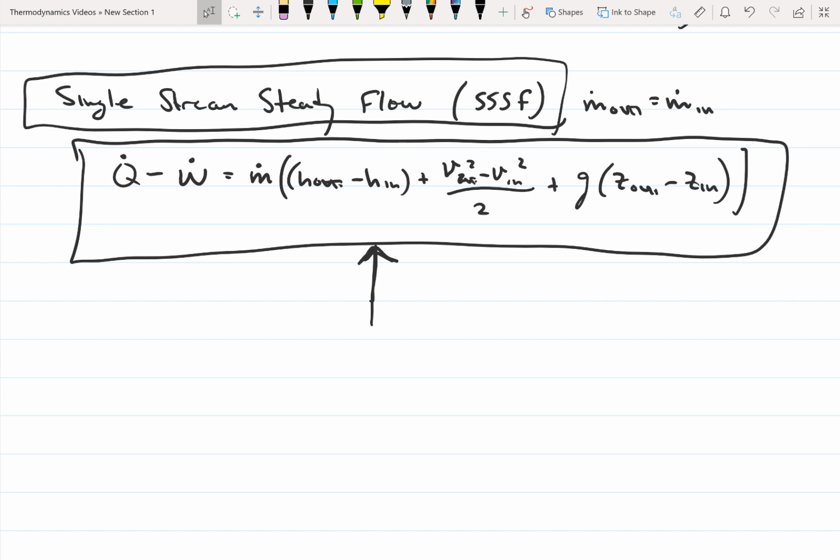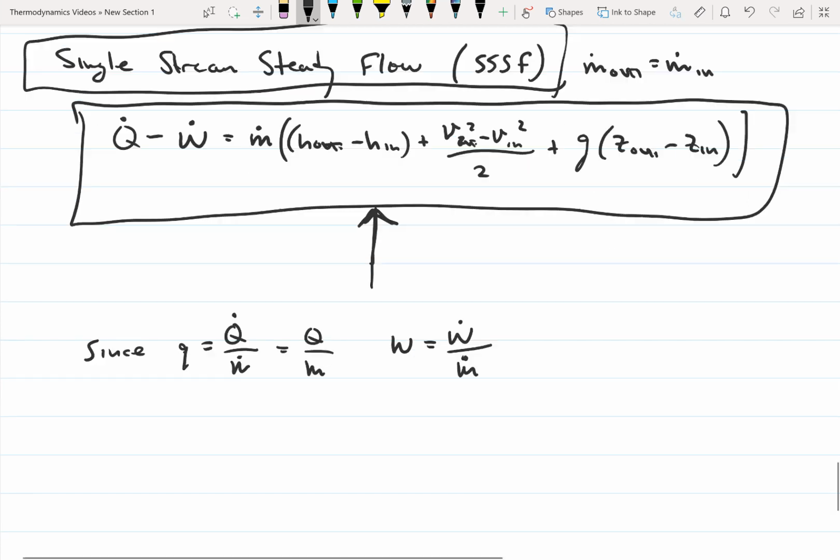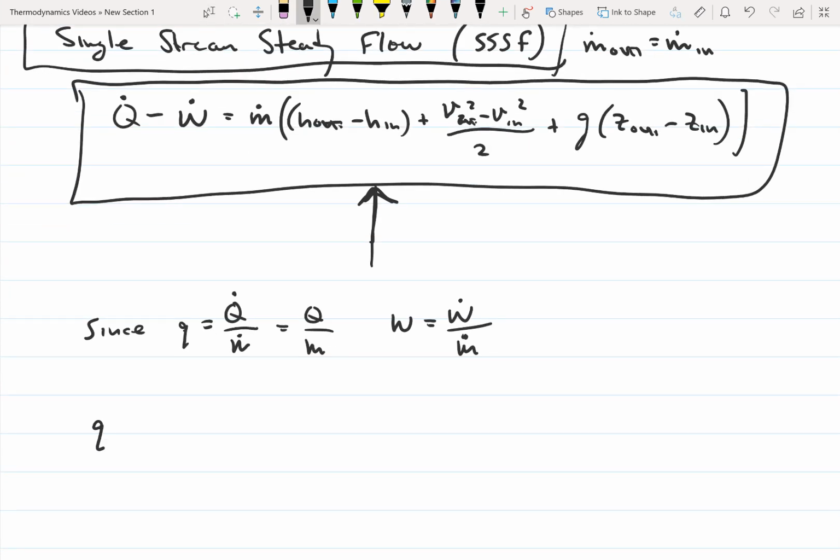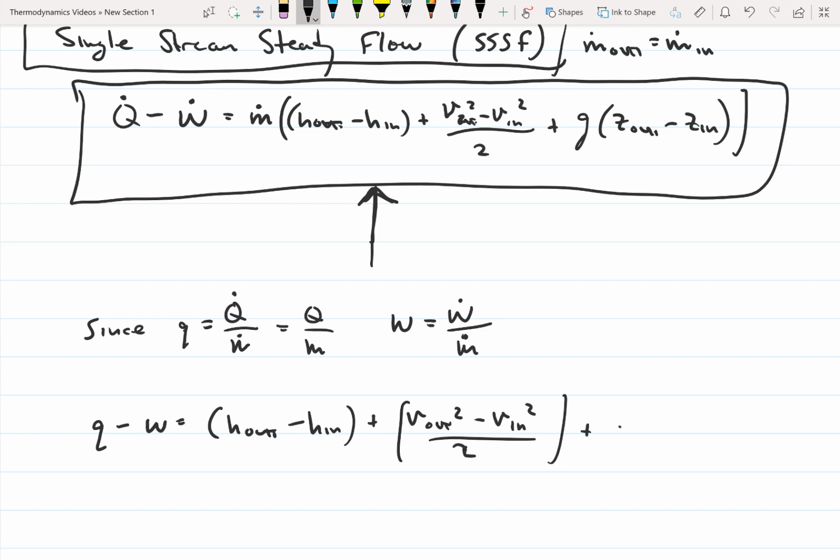Also, since we know that q is equal to Q dot over m dot, so this is Q over m, and the work is equal to the work over m dot, we can rewrite this equation as q minus w is equal to the enthalpy out minus the enthalpy in, plus the difference in the kinetic energies, plus the difference in the potential energies, so g times Z out minus Z in.